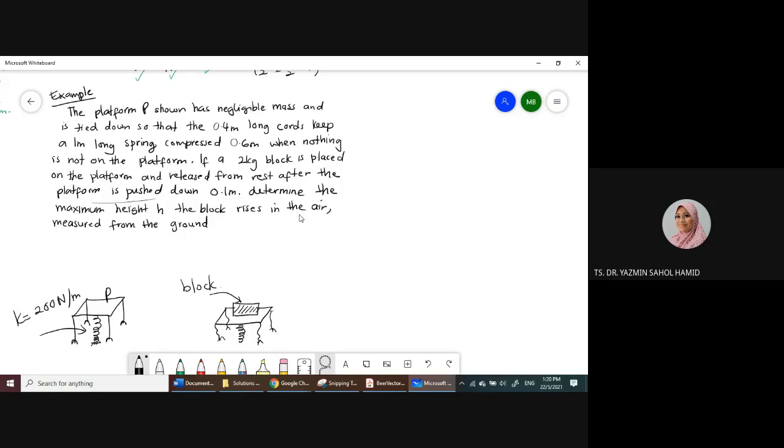What it means is the spring is generally 1 meter long, and then it is tied down to become 0.4 meters. So how long has it been compressed? 0.6 meters. Okay, you understand that part?